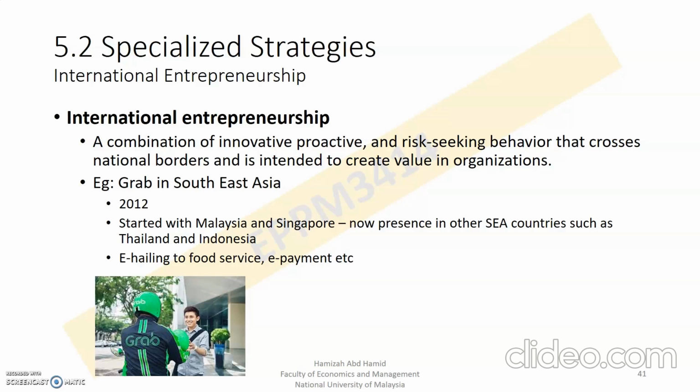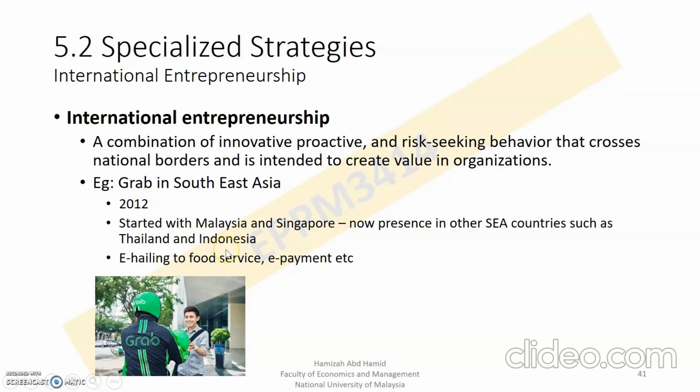Now, they have presence in other Southeast Asia markets, including Thailand and Indonesia. They also expanded their operations from e-hailing to food service, e-payment, and so on. So you can see here a lot of geographical learning and a lot of operational learning.